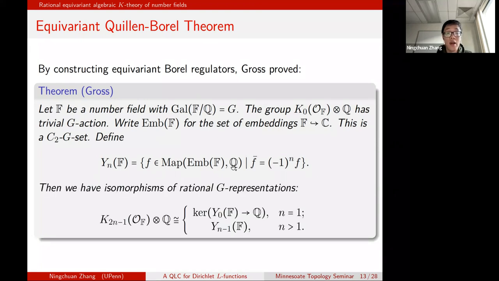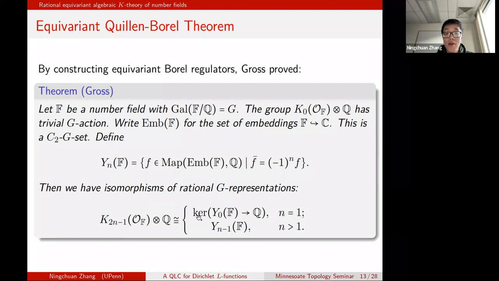And what Gross proved is the following. We have an isomorphism of rational G-representations. If you base change the algebraic K-groups of O_F in all degrees and tensor with Q, remember this is a rational vector space and it has a G action, and the G action is given by the following. Except for degree n equals 1, it's basically the (-1)^n eigenspace of this free rational vector space generated by embeddings.